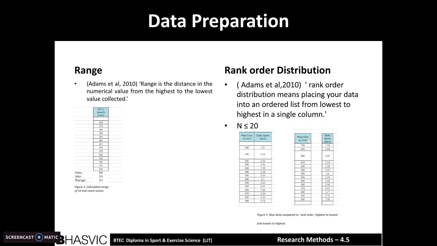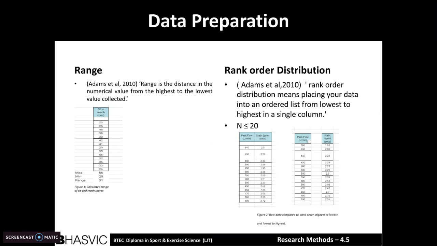But the data doesn't represent the majority of the scores collected, as most of the scores are under 5. So this range does not truly convey people's scores and their ability.